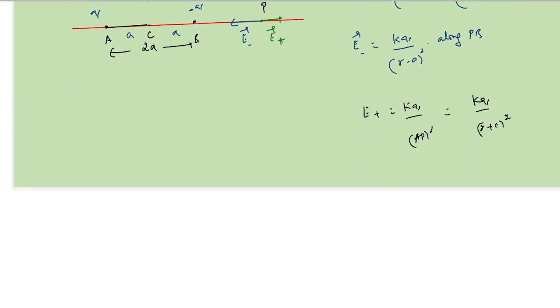In vector form, we can write E plus as KQ by R plus A the whole square, along AP.